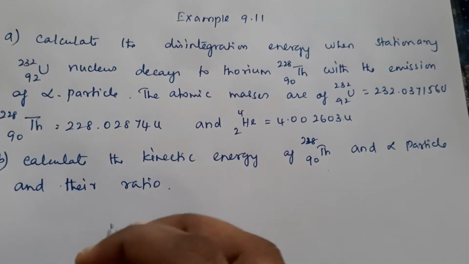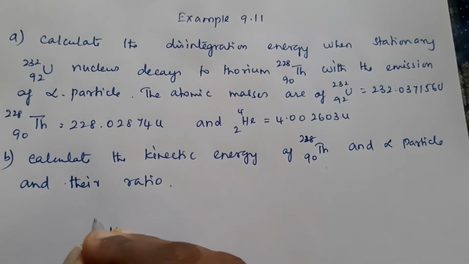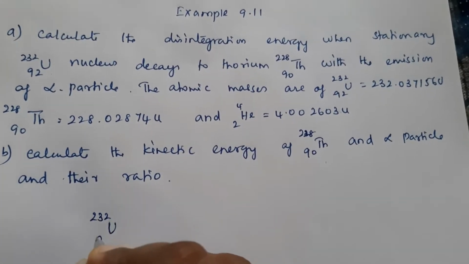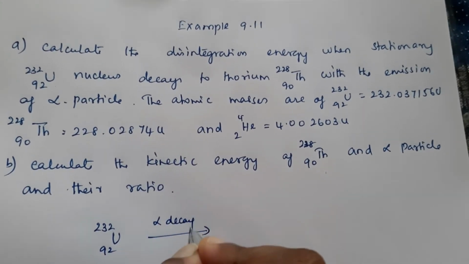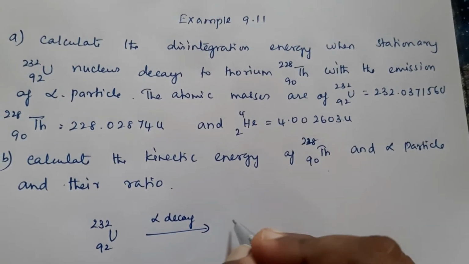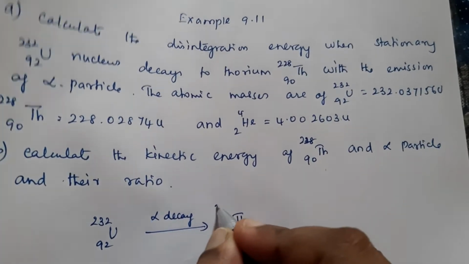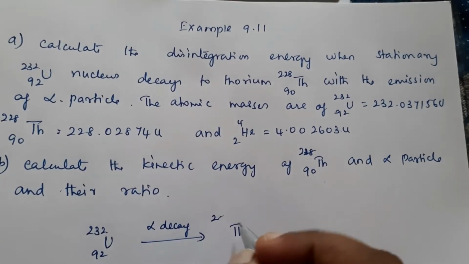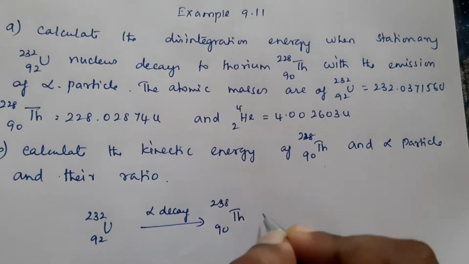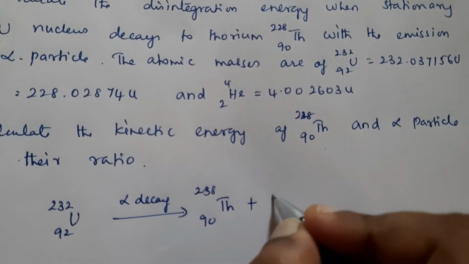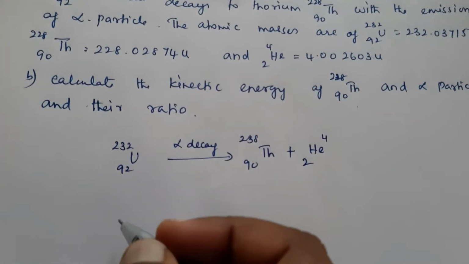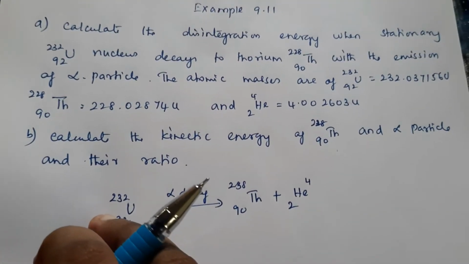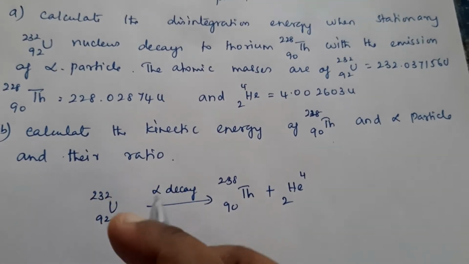So I can write uranium-232 92 is undergoing alpha decay, producing thorium-228 90 plus an alpha particle. Now what we have to find is the disintegration energy.